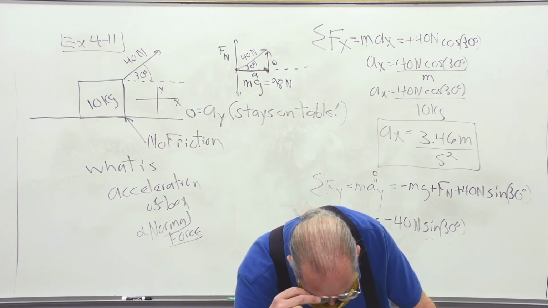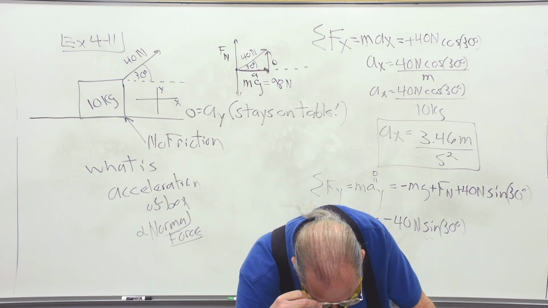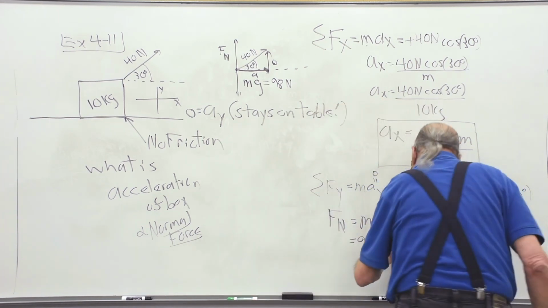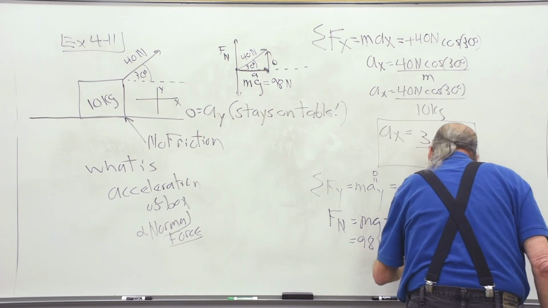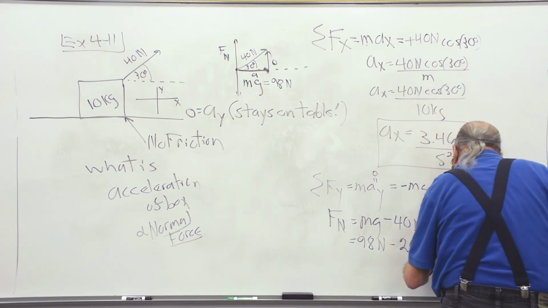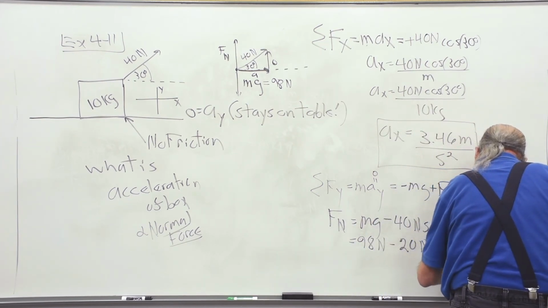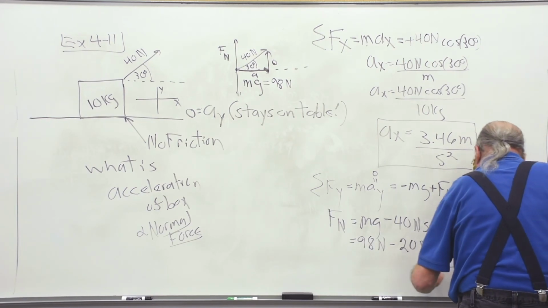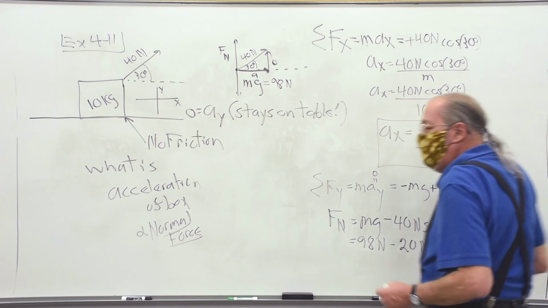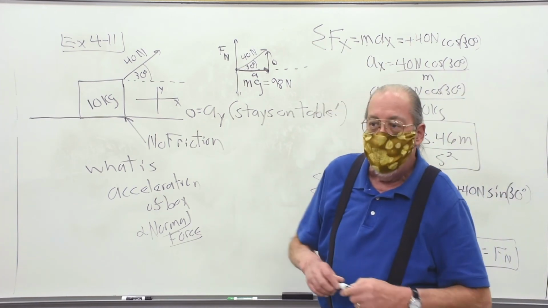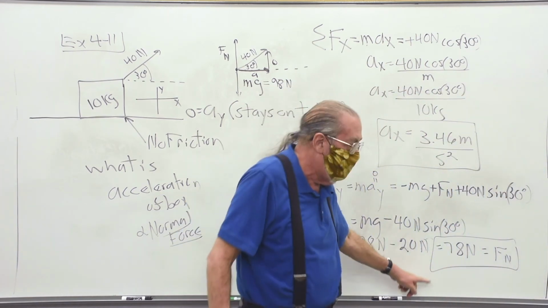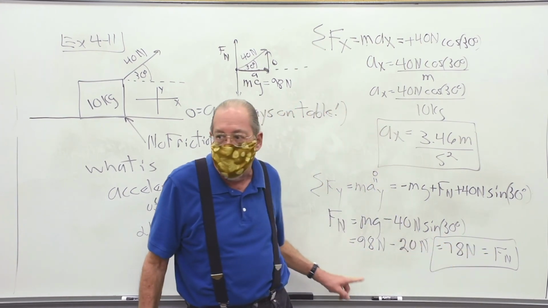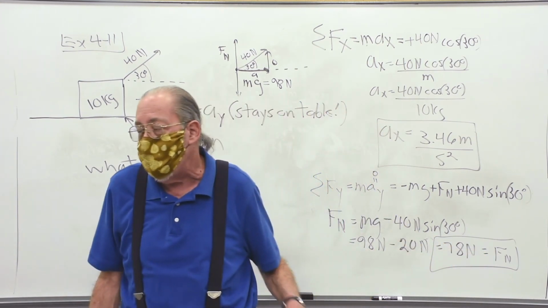Okay. In this case, it is 20 newtons, because the sine of 30 is 0.5, so it is 78 newtons. So the table pushes up with a force less than the weight of the object. The normal force is not equal to the weight of the object. Some people always want to say that.